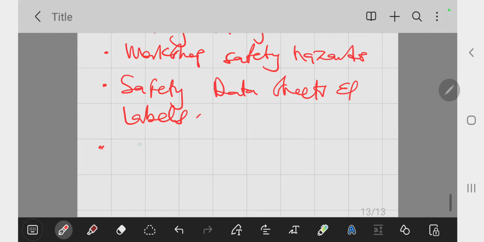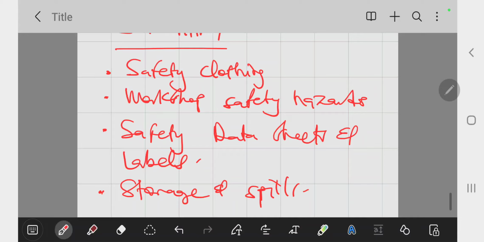Then we have also looked at storage and spills for this particular class. So from now on, you should be able to answer any question pertaining to chapter 1, because that is all that there is to chapter 1. In the next few videos, we're going to look at past exam questions specifically on chapter 1. We'll try and do at most 10 questions from past exams.